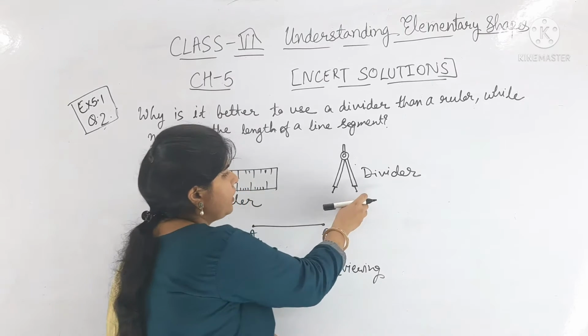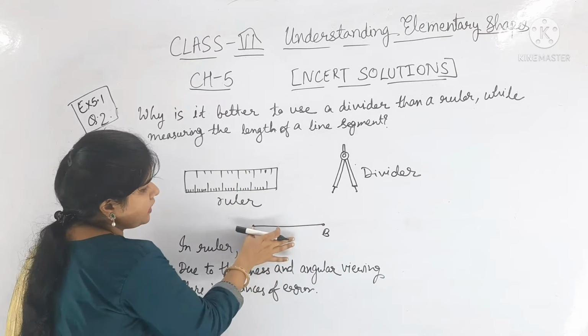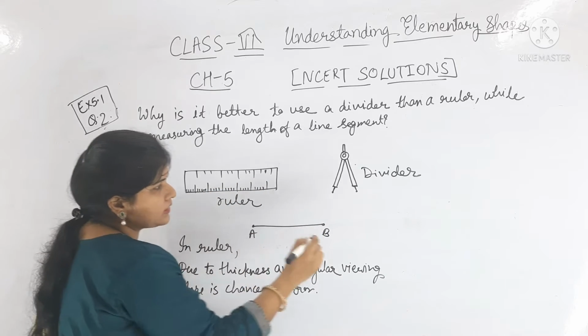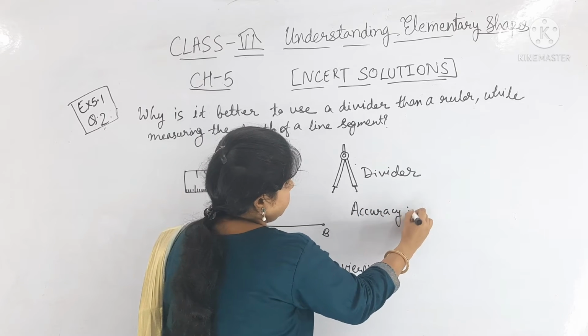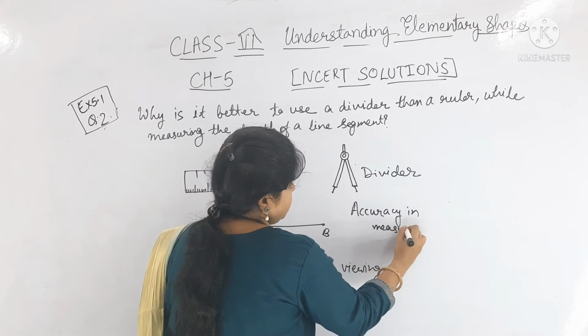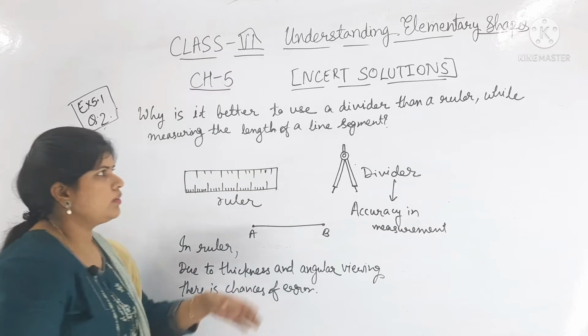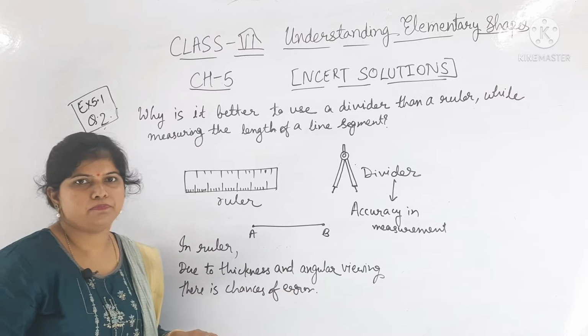But with a divider, you can place it on A and B directly, so exact accuracy in measurement will be there. Therefore we use a divider instead of a ruler for accurate measurement.